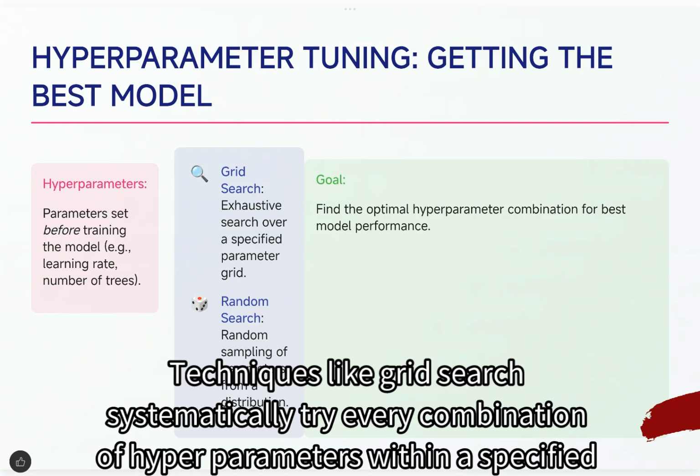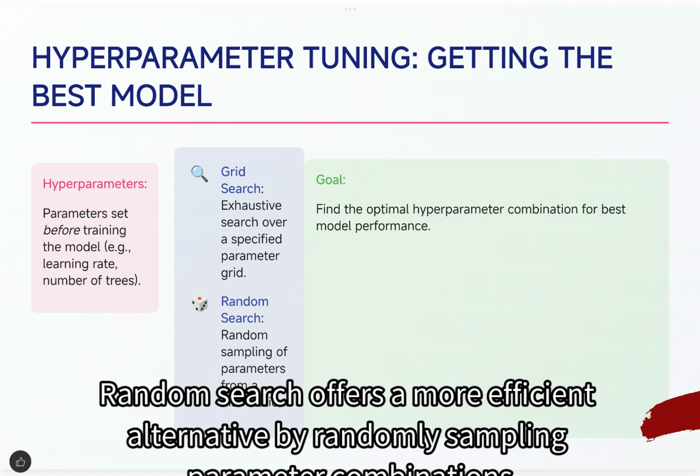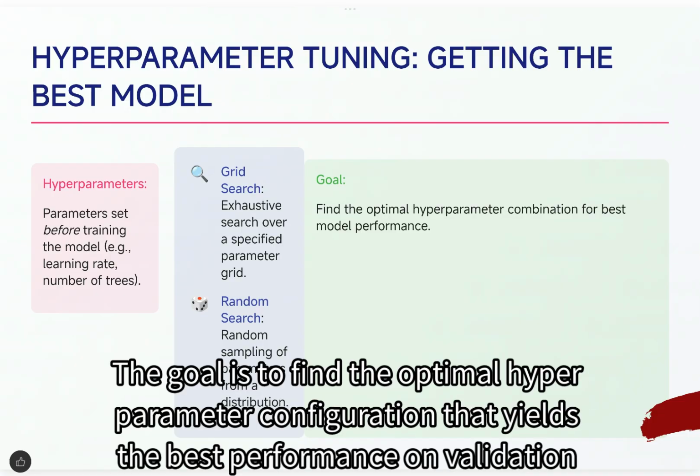Techniques like grid search systematically try every combination of hyperparameters within a specified range, which can be computationally expensive. Random search offers a more efficient alternative by randomly sampling parameter combinations. The goal is to find the optimal hyperparameter configuration that yields the best performance on validation data.